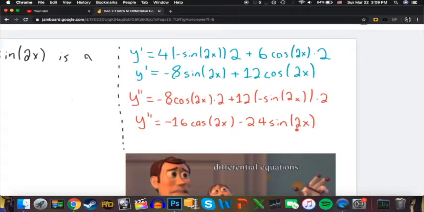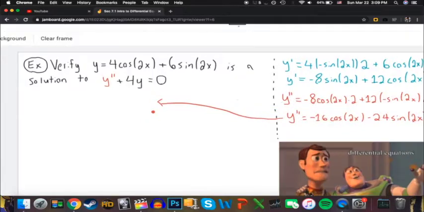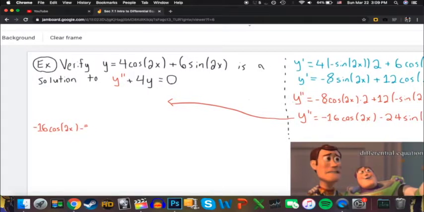Okay, so we got pretty much the hard steps out of the way, and now all that we have to do is just plug them back into this equation over here. So we know that our second derivative is going to become our first term, so we can just rewrite that expression that we found a couple of seconds ago. That's going to be minus 24 sine of 2x.